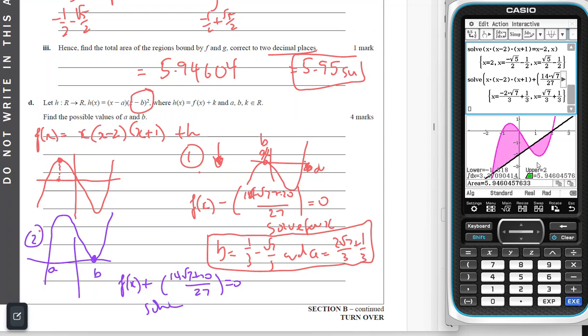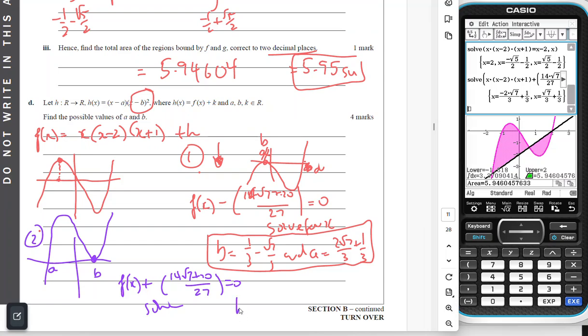And that gives me two answers. This is the one on the left, and the one on the left is a. So b equals 1/3 plus √7 on 3, and a equals minus 2√7 on 3 plus 1/3, and they are the two possible answers for a and b.